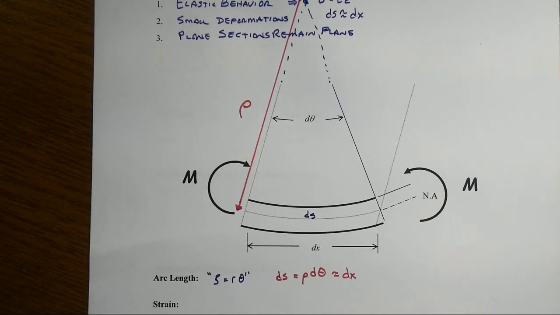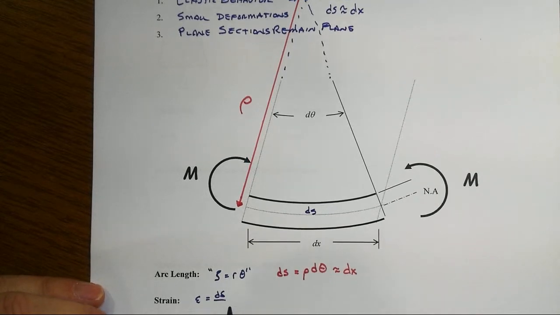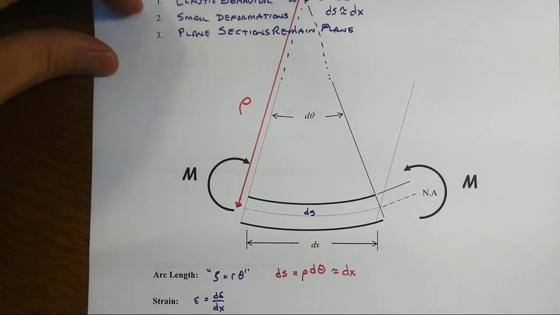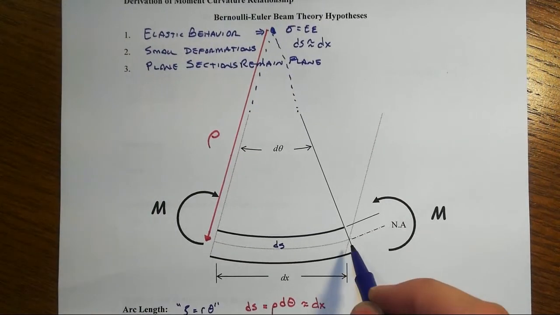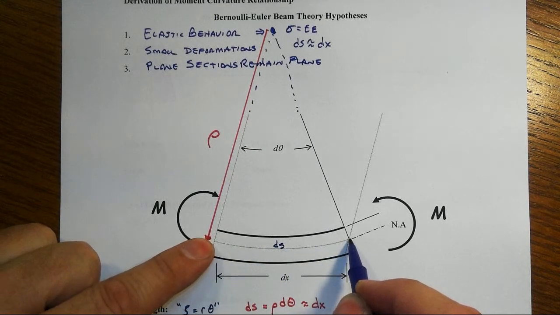Right? Now strain, remember, is going to be some sort of change in length, or d delta, divided by some sort of original length. So dx is our original length. Now what deformation or change in length are we really talking about? Right? So now let's come up to here. ds, where I've got it positioned right here, has no change.